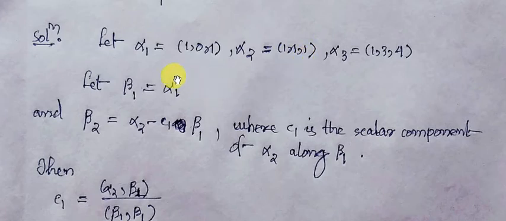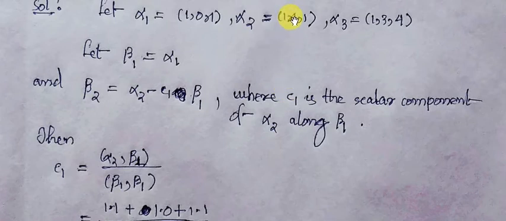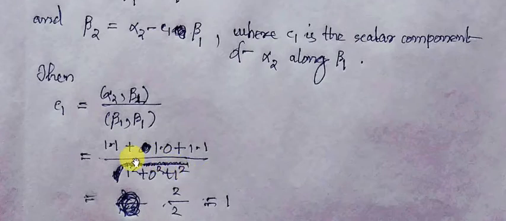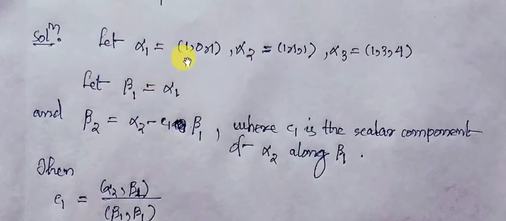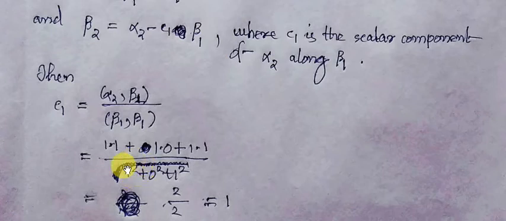So the inner product would be 1 into 1 plus 1 into 0 plus 1 into 1, divided by the inner product of beta 1 and beta 1, which is 1 square plus 0 square plus 1 square.